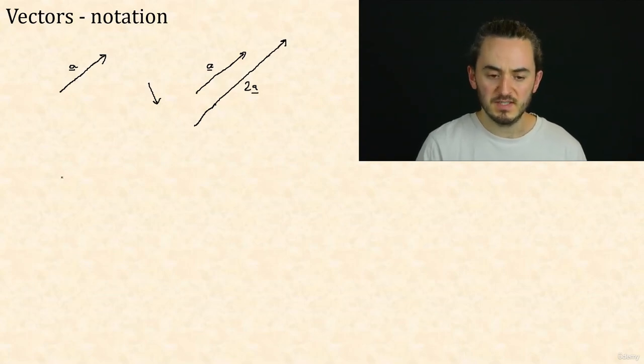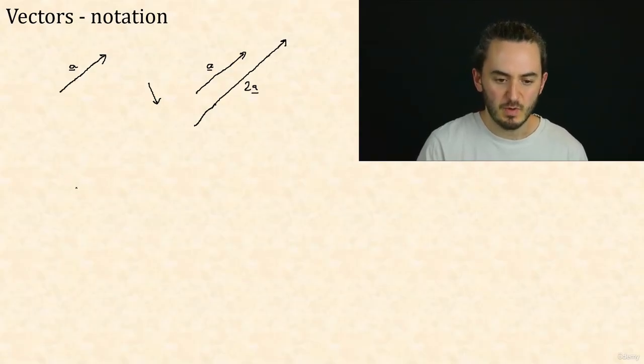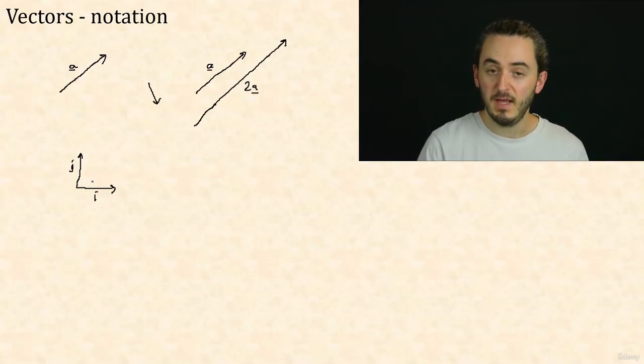You'll also see things given in terms of i's and j's. So what are i's and j's? Well, they're called our base pair of vectors. The i vector is the one that goes 1 unit to the right. That is known as the i vector. And the j vector is the one that goes straight up 1 unit. And with those two vectors, you can get anywhere you like in the two-dimensional plane.